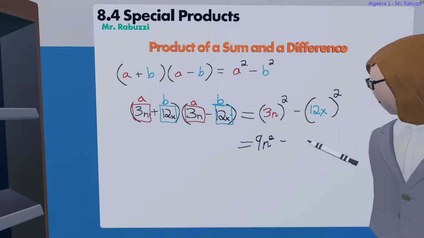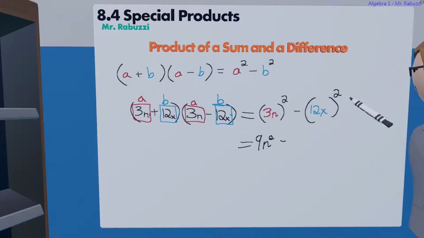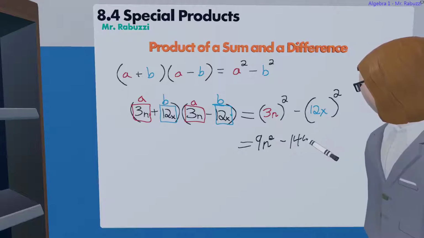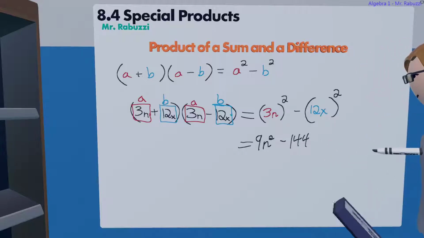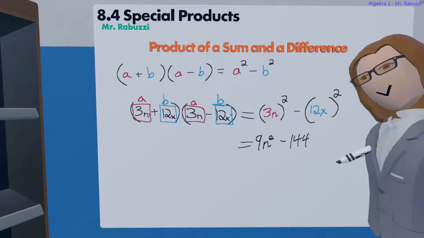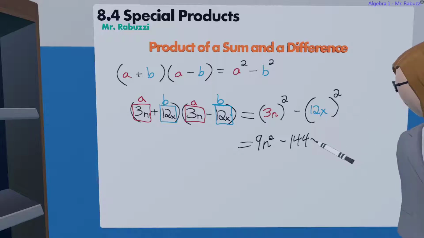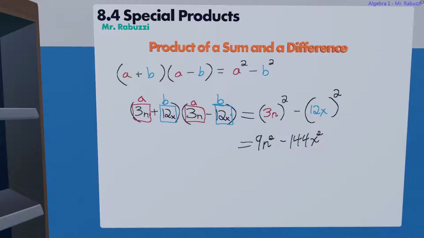Minus 12x squared. 12 squared. That's 144. A calculator can come in handy there, or you can memorize your squared tables, your times tables. And x squared, that's x squared. So there's our answer.